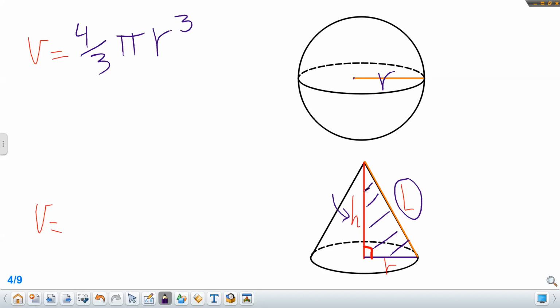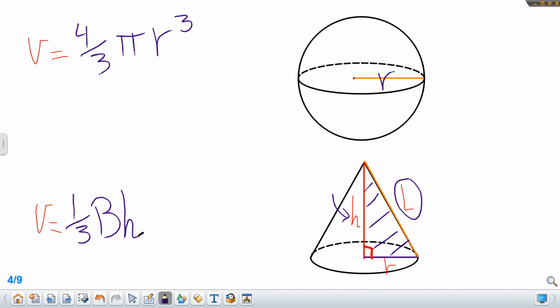The volume of the cone is 1 over 3 of the volume of the cylinder.